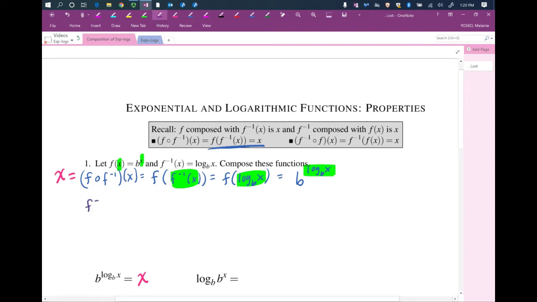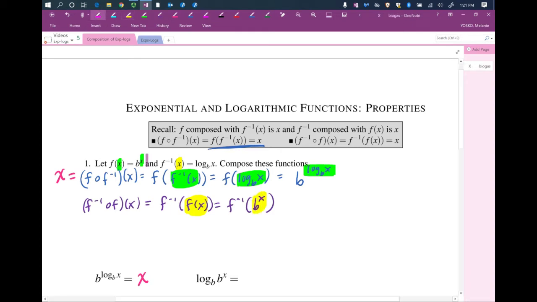So now we're going to do f inverse composed with f of x. Well, that's f inverse of f of x. Now we are replacing the input of f inverse, replacing that x with f of x. But we know f of x is b to the x.